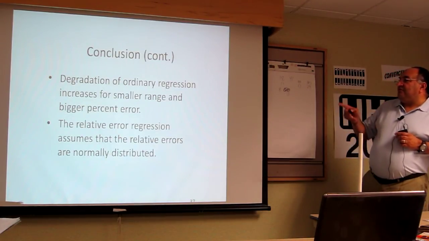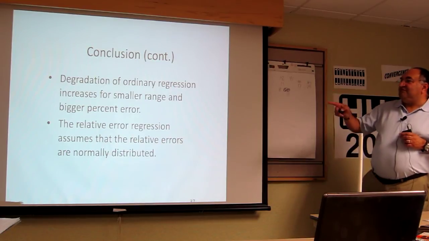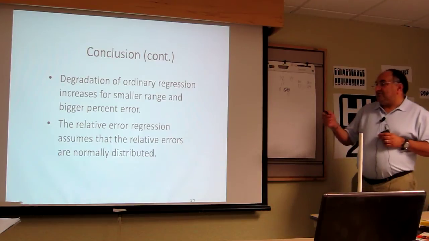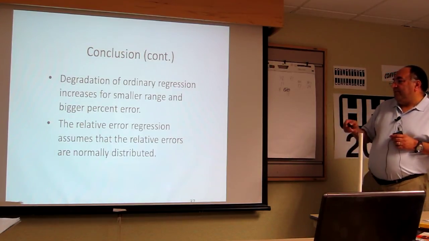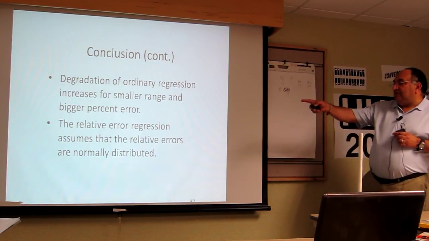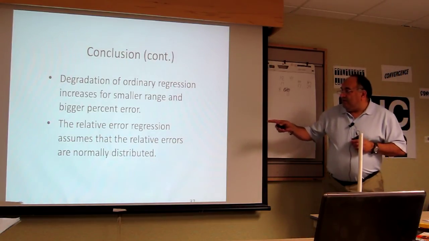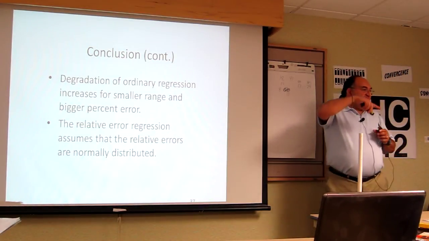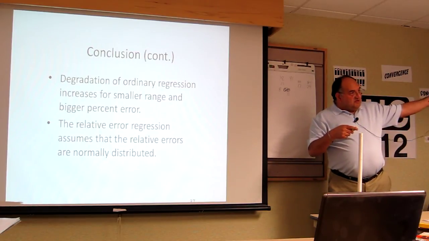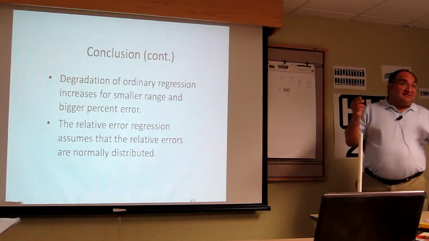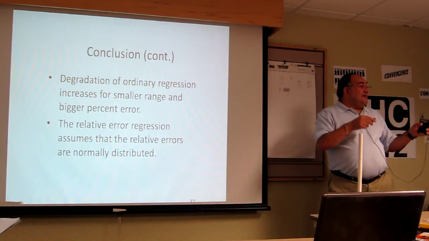The degradation of ordinary regression increases for smaller ranges with big percentage error, as I showed. And of course, I conducted the relative error regression assuming that the relative errors are normally distributed, which is also a basic assumption in ordinary regression. I did not want to violate that, because if there's a statistician here, he would have probably shot me on sight.